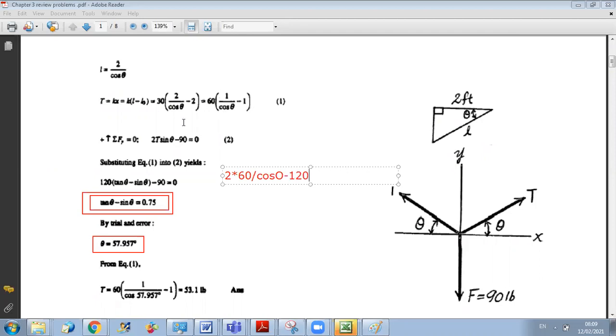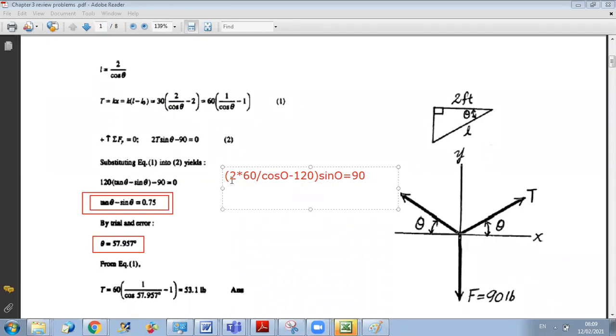Okay, so this is 2t. Then I should multiply this by sine theta, and it is equal to 90.